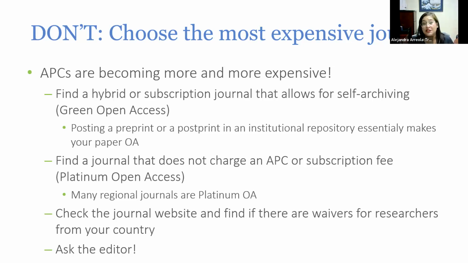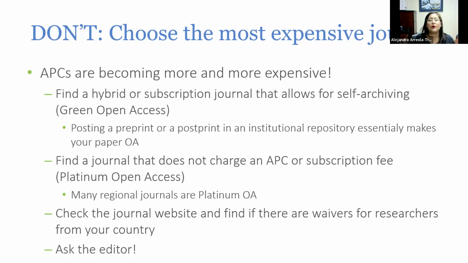So you have options. One would be to find a hybrid or subscription journal. A hybrid journal is a journal that will either let you publish under the subscription method where you don't pay, or that will have an optional gold open access fee. So find a hybrid or subscription journal that allows for self-archiving. This is green open access.